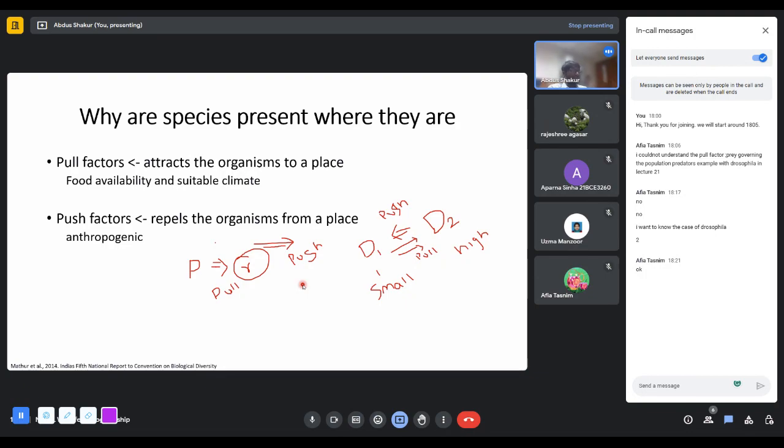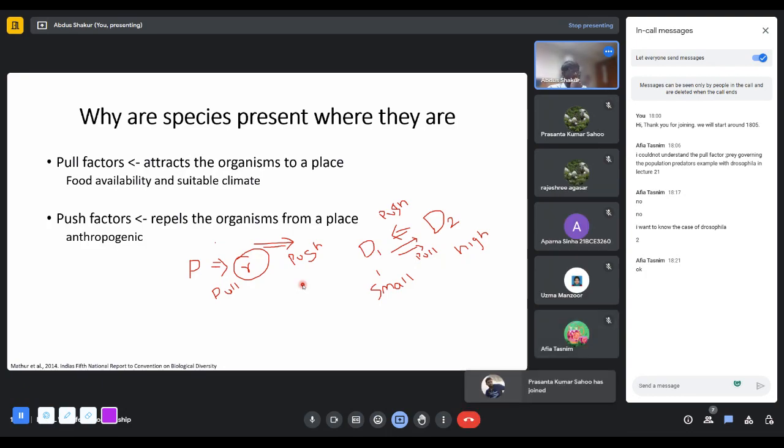If the plant is not there, the species can't colonize, so then it can be a push factor. So it basically depends on how it helps the organism. If it helps it to expand to a new area, those factors you can call pull factors. Push factors are the exact opposite of it.